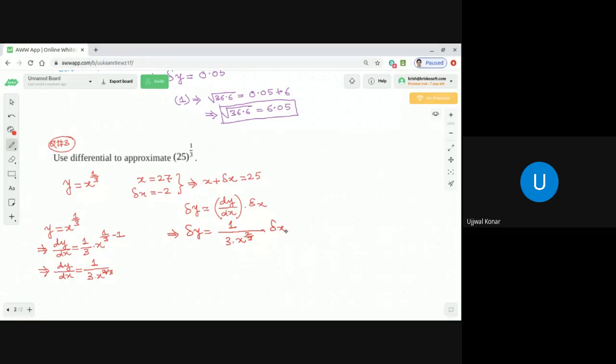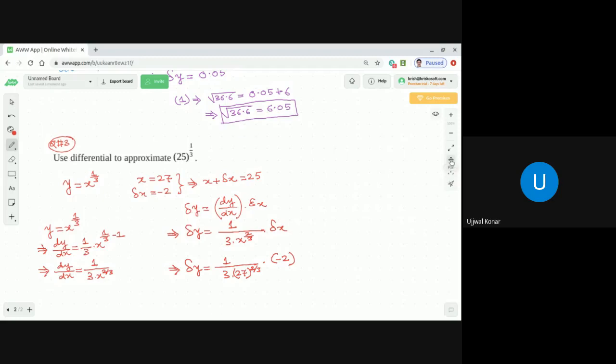What is x? x is 27. So that implies delta y is equal to 1 by 3 into 27 power 2 by 3 into delta x. What is delta x? Delta x we took as minus 2.